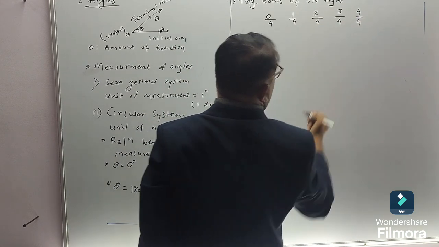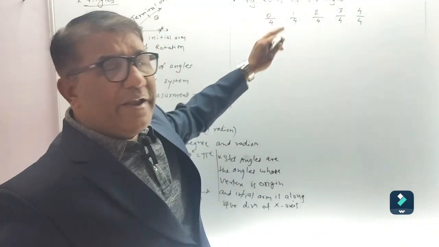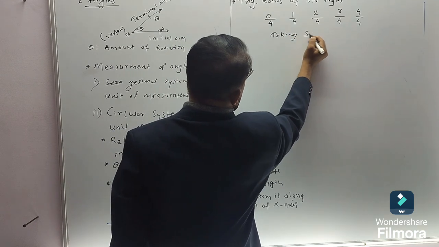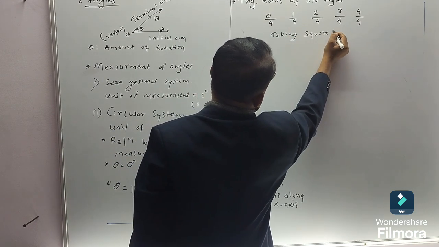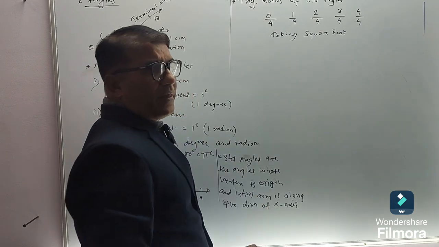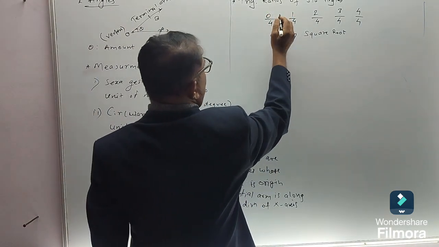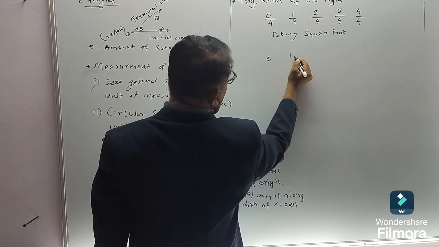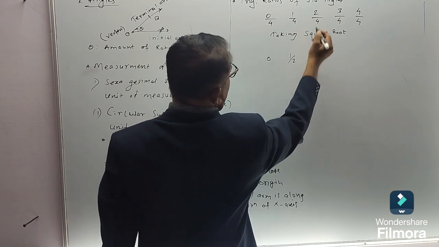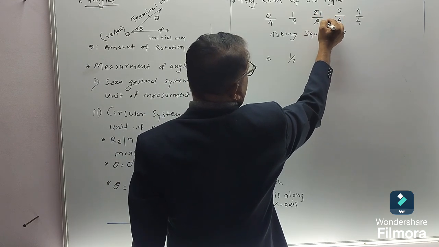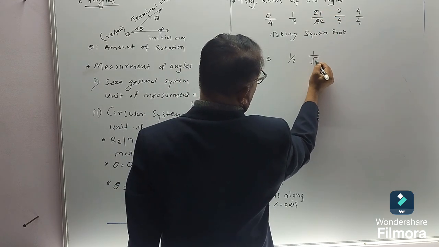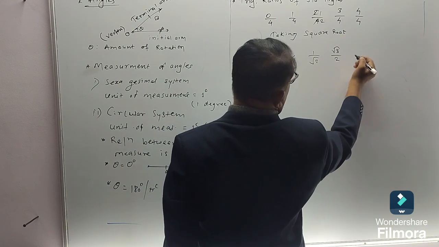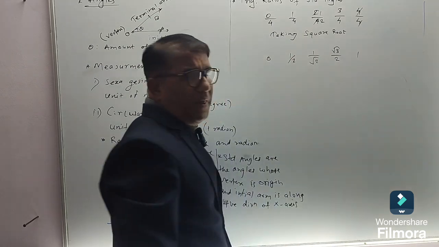After dividing, now taking the square root: 0 by 4 is 0, therefore it remains 0. 1 by 4, square root of 1 by 4 is 1 by 2. 2 by 4 becomes 1 by 2 and square root is 1 by root 2. 3 by 4, square root is root 3 by 2. 4 by 4 is 1 and square root of 1 is 1.